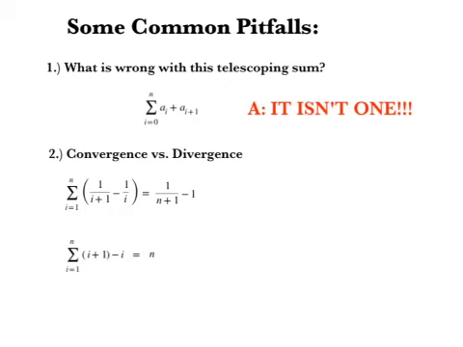The second part, I think, is a little bit more interesting, and it deals with convergence and divergence. One, obviously, if we can use a telescoping sum to simplify this whole summation with sigma notation into a much simpler expression, it's obviously easier to take the limit as n goes to infinity.